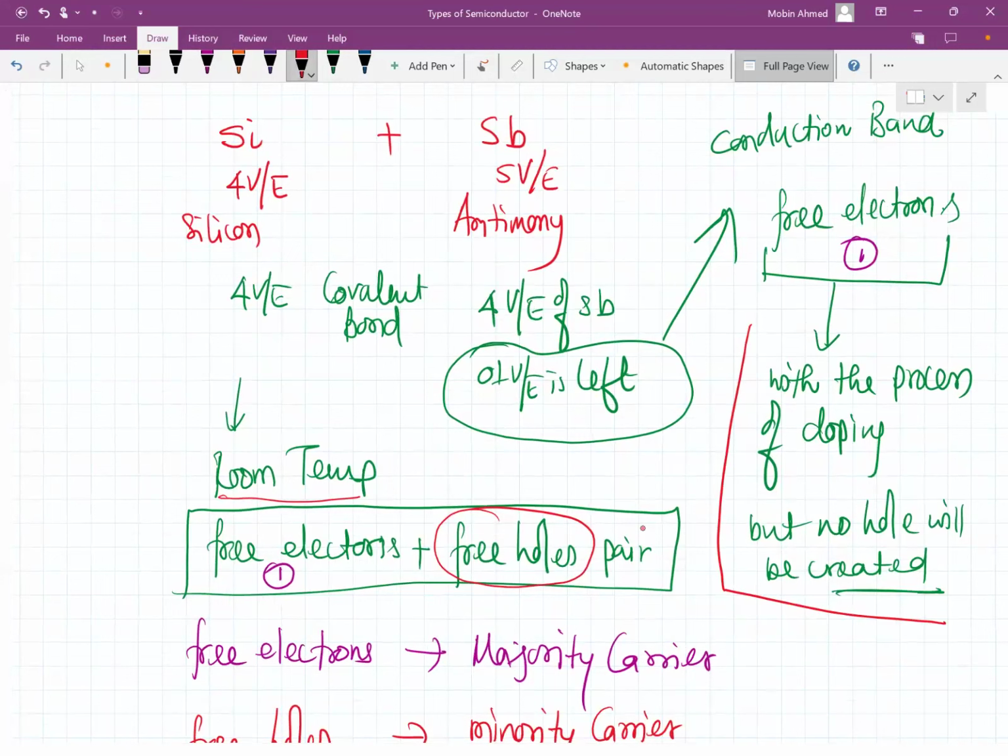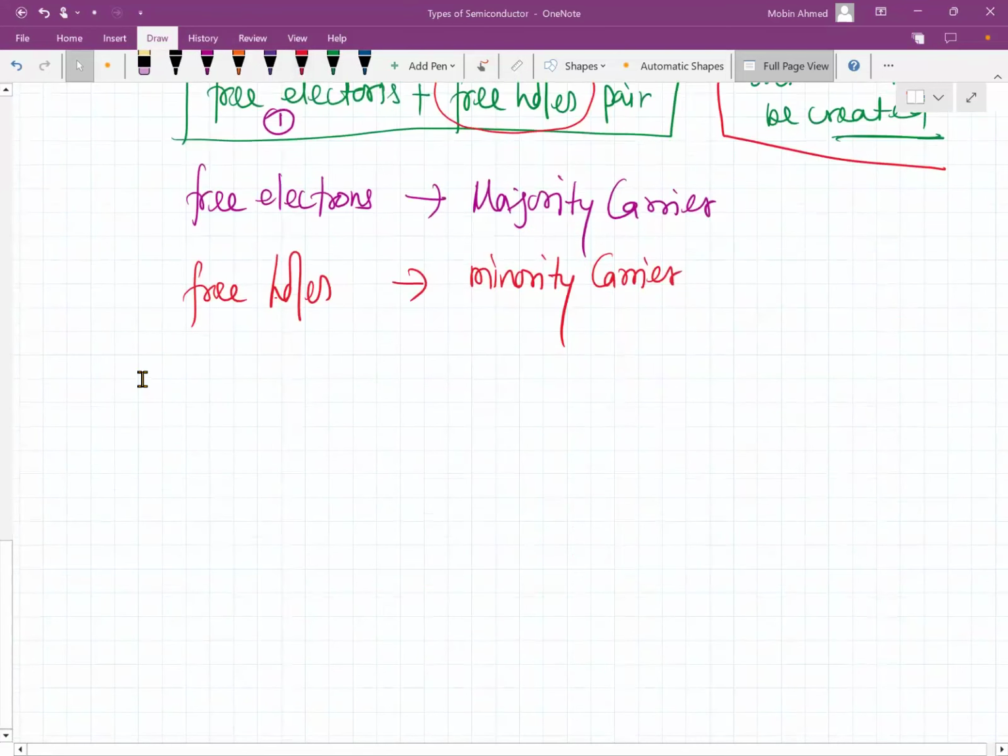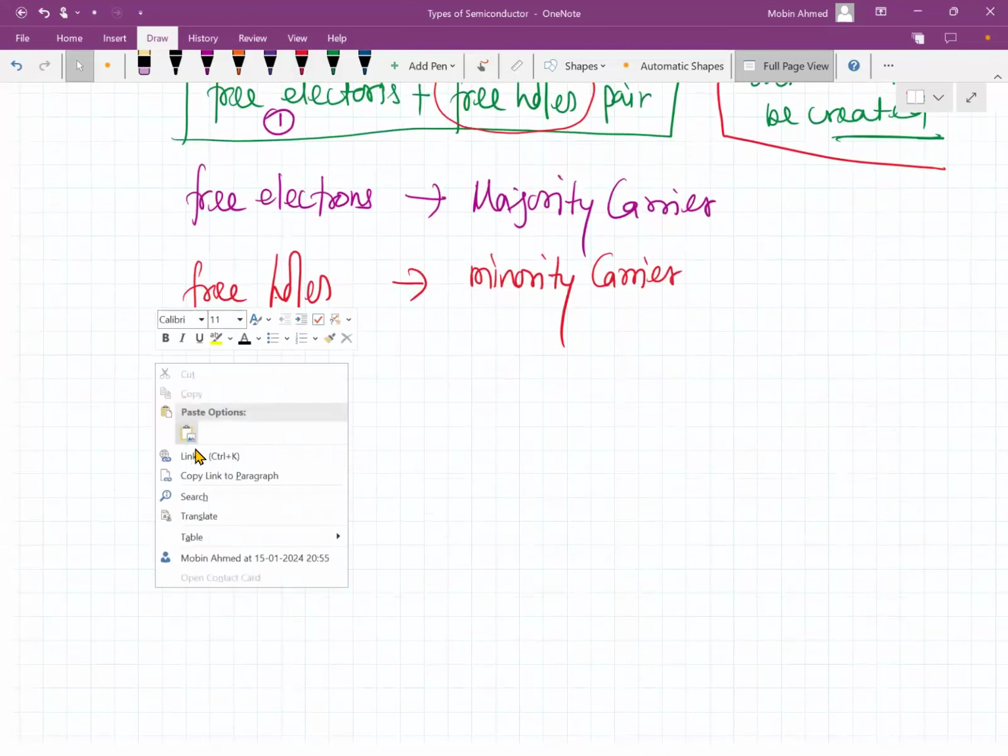And it has a negative charge carrier, because the electron is free from here. Let me tell you one more thing that is very important, because if you understand this, you are going to understand the next, and I am going to tell you about the diode.